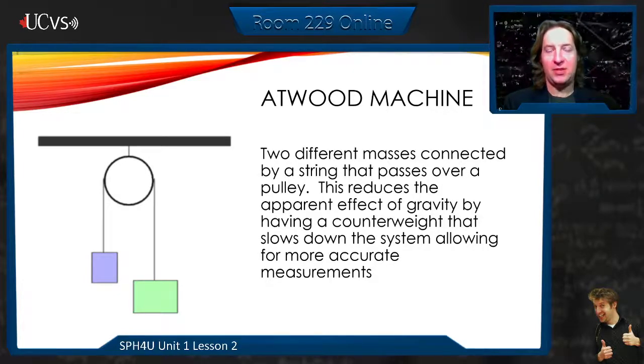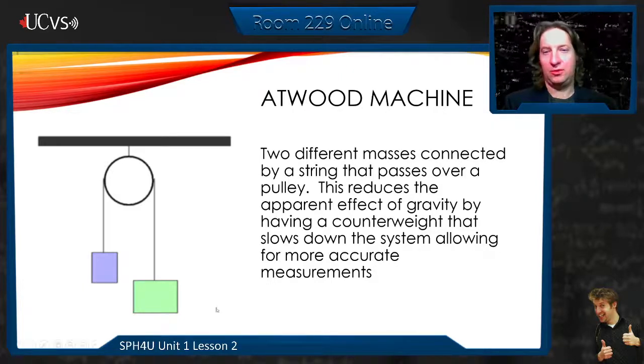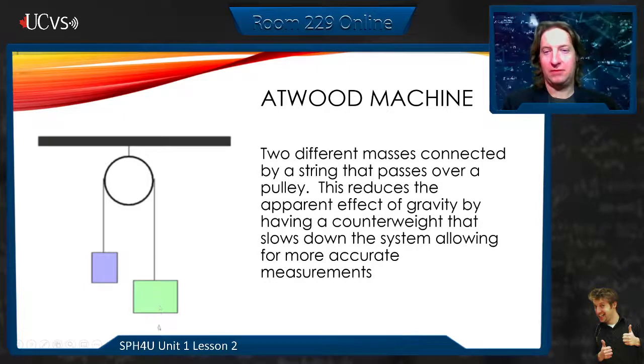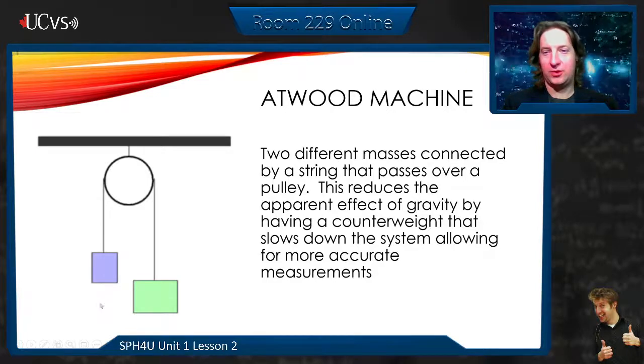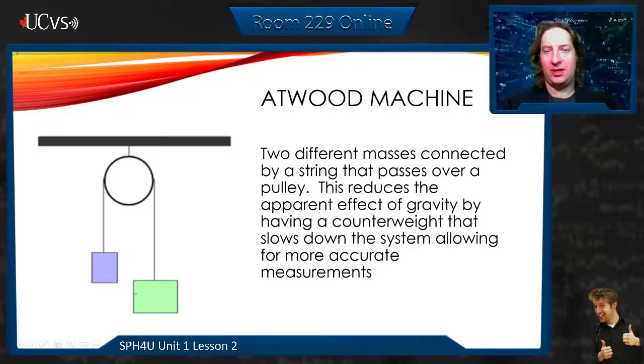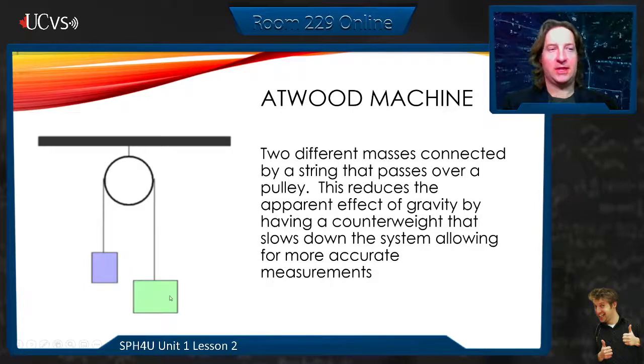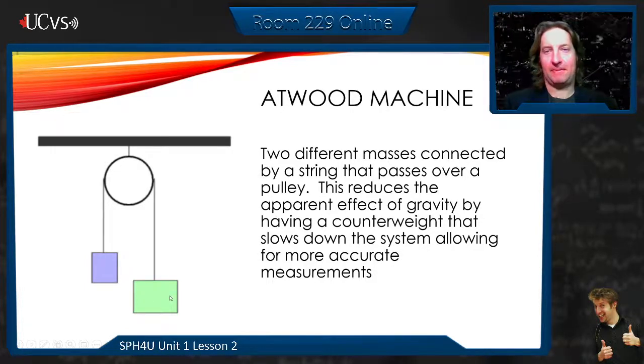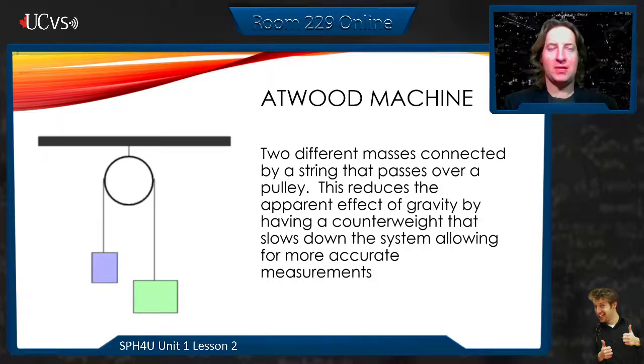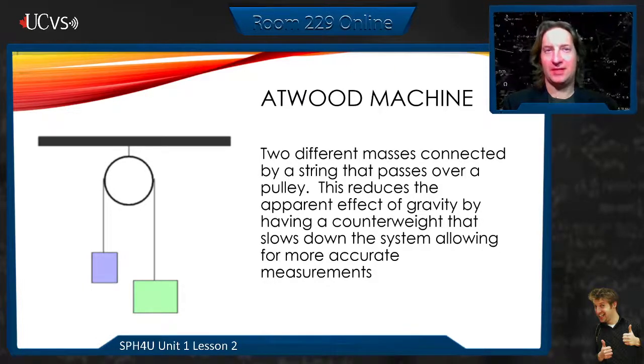So an Atwood machine is basically just two masses attached to a pulley. So there's going to be some sort of force pulling on one in a downward direction, another force on the other, and they're going to slow each other down. So these were used originally in physics experiments a long time ago because 9.81 meters a second down is actually quite fast.